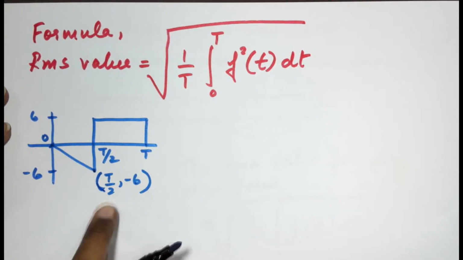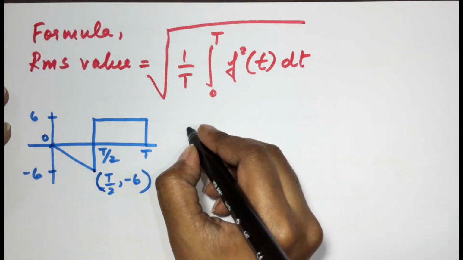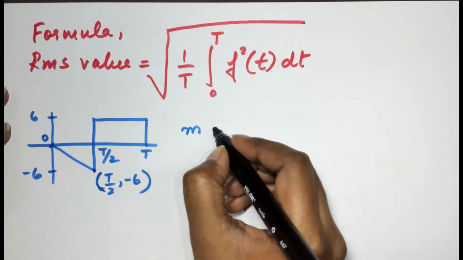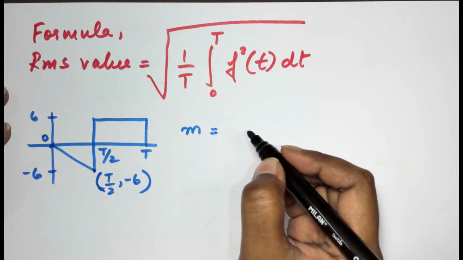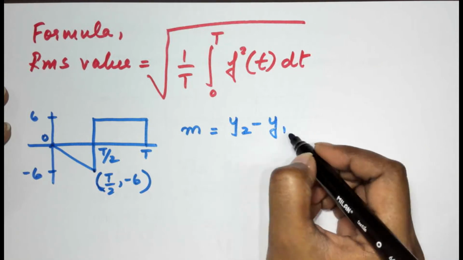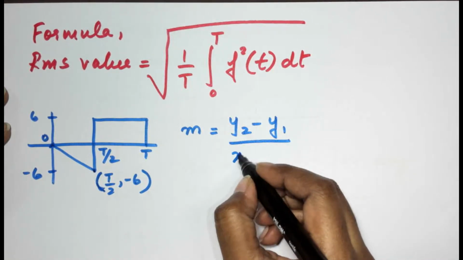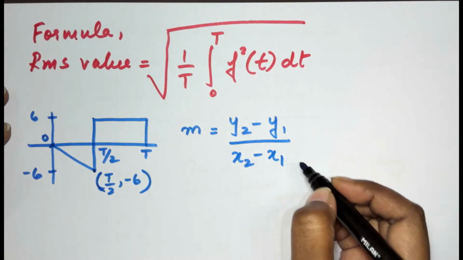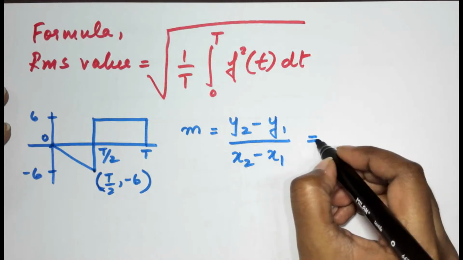Okay. Now using this, we are going to find out the slope of this line. So that is our next step. Let's find out the slope. Do you remember the formula of the slope? m is equal to y2 minus y1 divided by x2 minus x1. Now let's substitute the values over here.